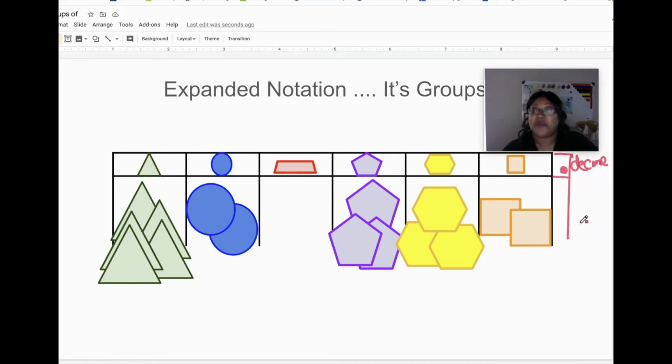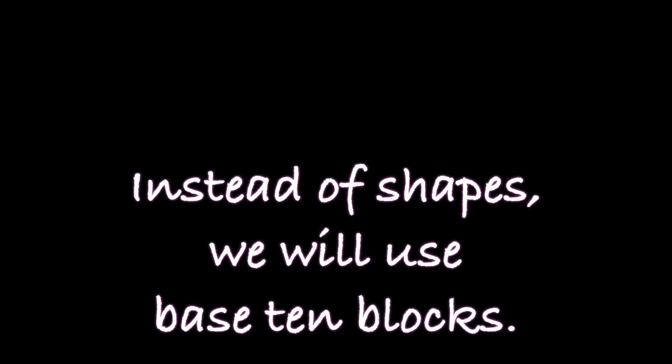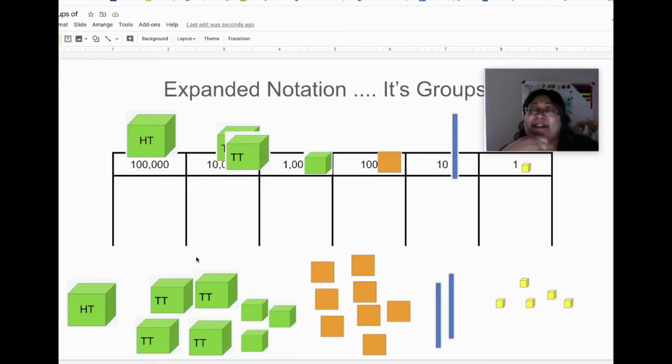All right, we're going to go to the next slide. Now, what are you supposed to remember from this slide? What did we say? We were learning what? Expanded notation. Groups of. Good job. I'm missing something on this chart that I'm supposed to have.